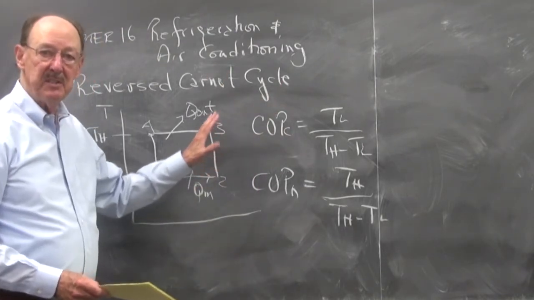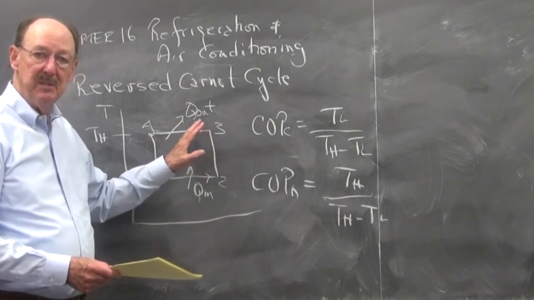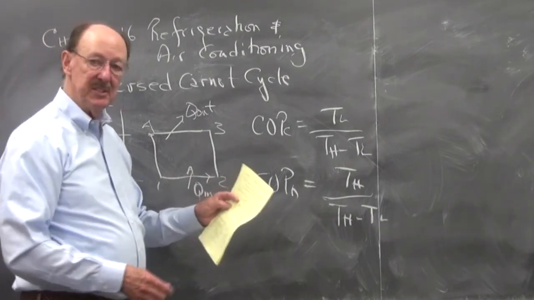Now the Carnot cycles are not used. What we're going to look at is a vapor compression system, and let me show you what the ideal vapor compression system looks like.